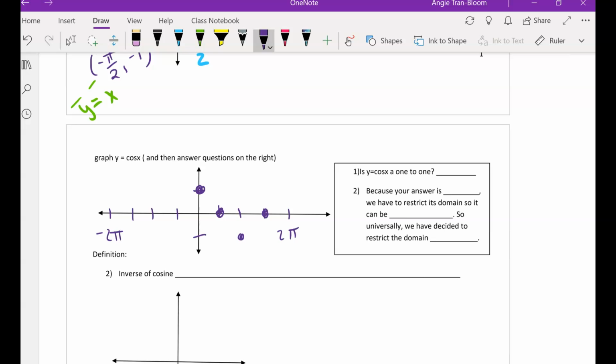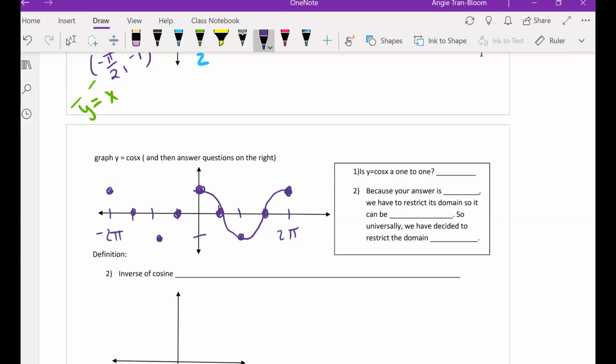Back to Sander, cosine of 2 pi. You're asking me for the domain restrictions? No, just what cosine of 2 pi is. Consult your team. Okay, so maybe 1. Yeah, it's 1, thank you.